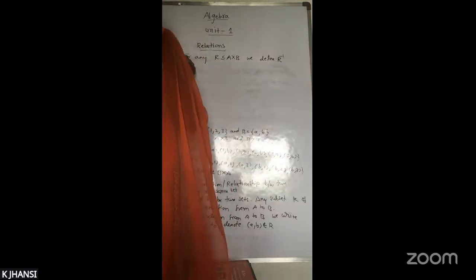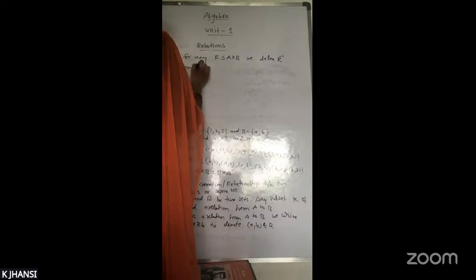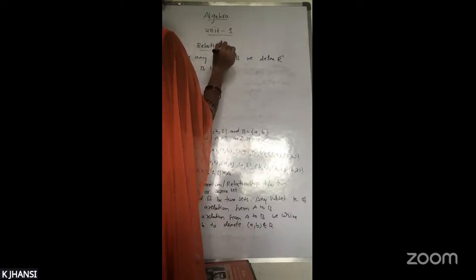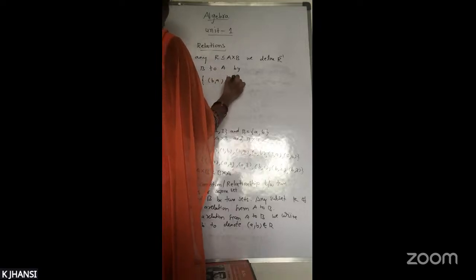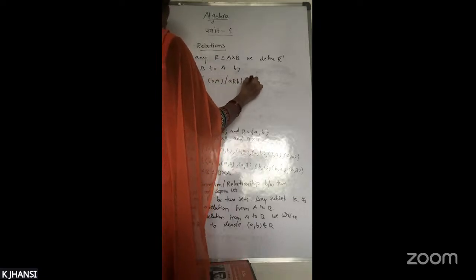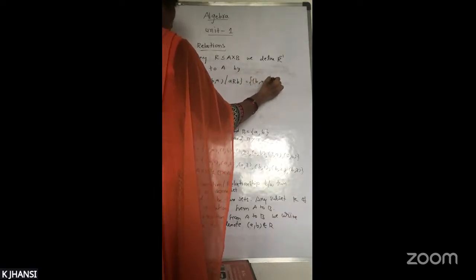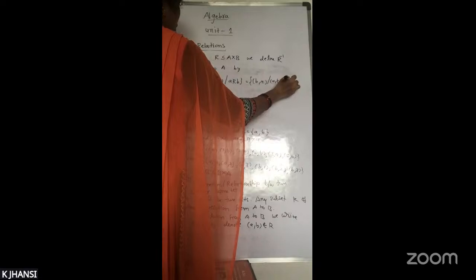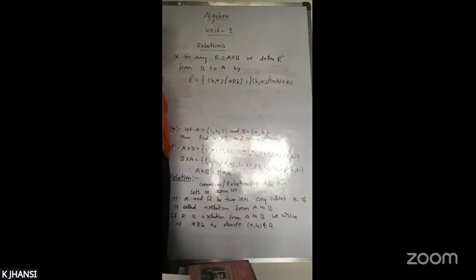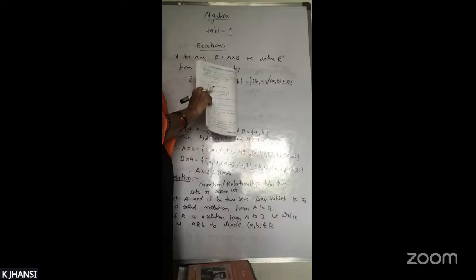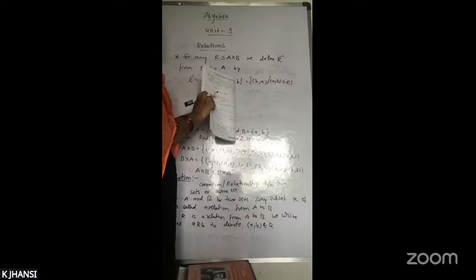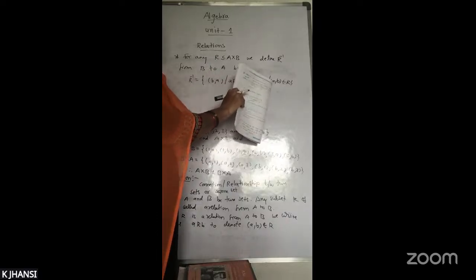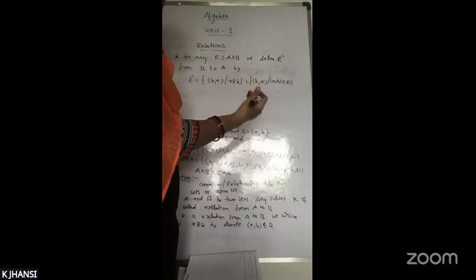R inverse from B to A is defined as R inverse equals the set of B comma A such that A comma B belongs to R. This is the definition for the inverse relation. Relation means we write A comma B; for inverse relation we write B comma A. We are just denoting relations in different ways.